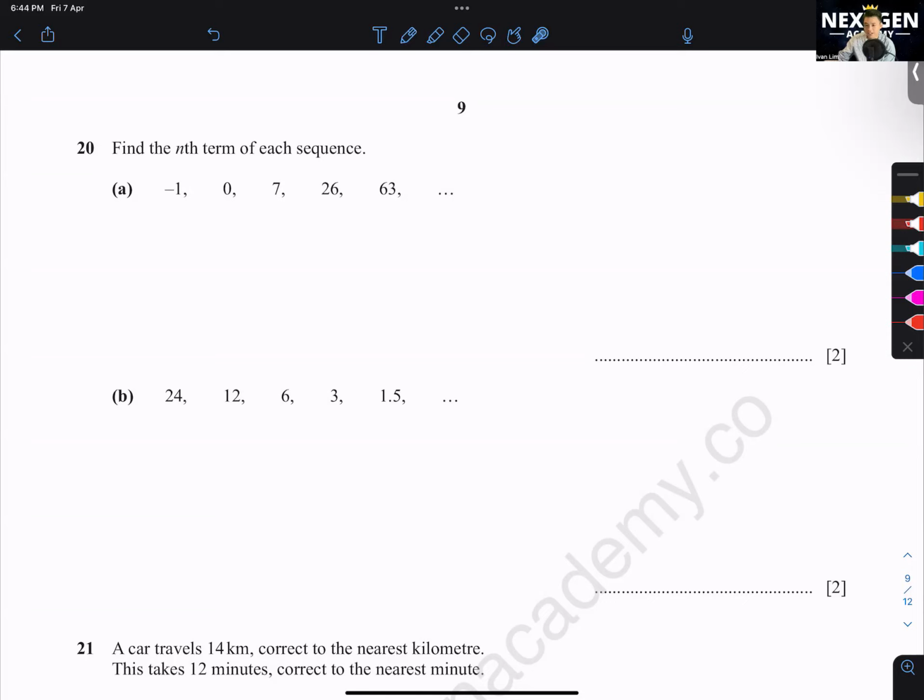How do you get that? I tell y'all first, there's actually a very long formula that I taught y'all, but it's not taught in your textbook. If you look at the marks, there's only 2 marks, so it doesn't make sense for me to find the A, B, C, and D. Wait, I'll teach y'all, we go one step at a time first.